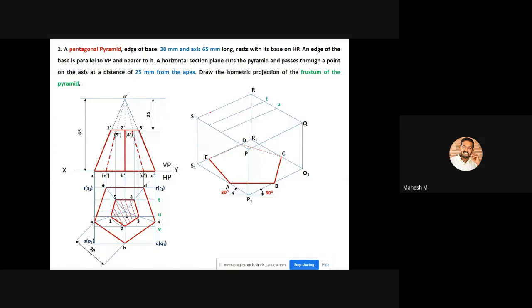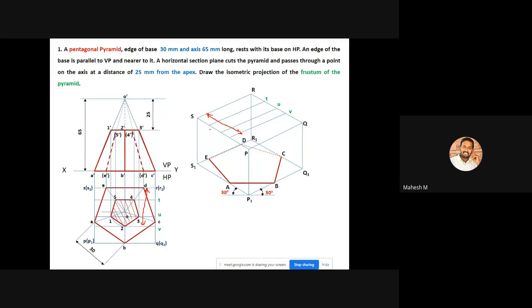Similar to that, this particular distance can be measured, and that can be marked at this place. Similar to that, the last line can be measured on this surface, and that particular measurement can be marked here.